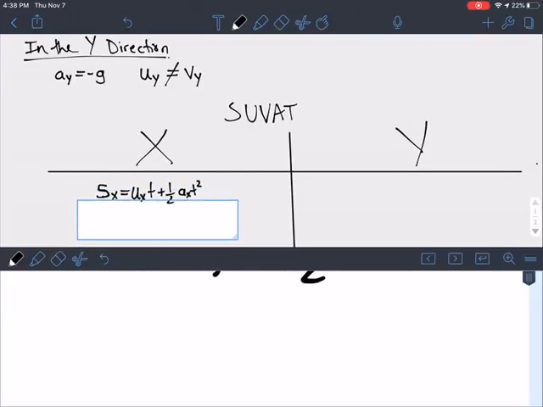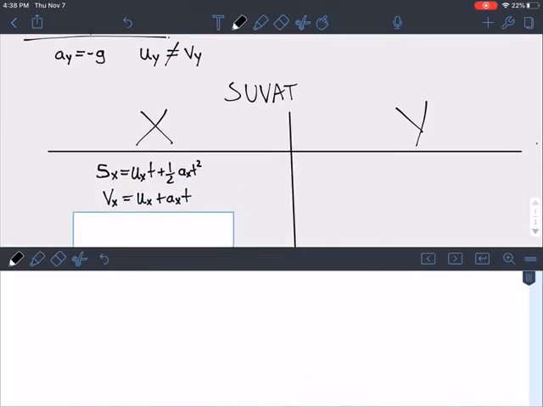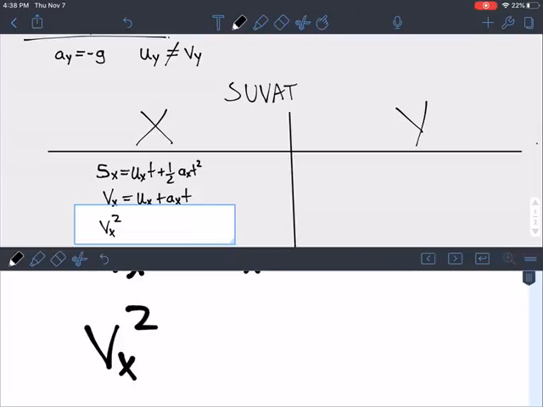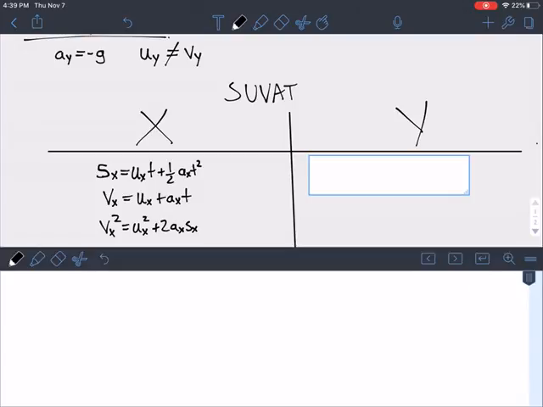The other two equations that are helpful would be Vx equals Ux plus AXt, and then V squared equals U squared plus 2AS.